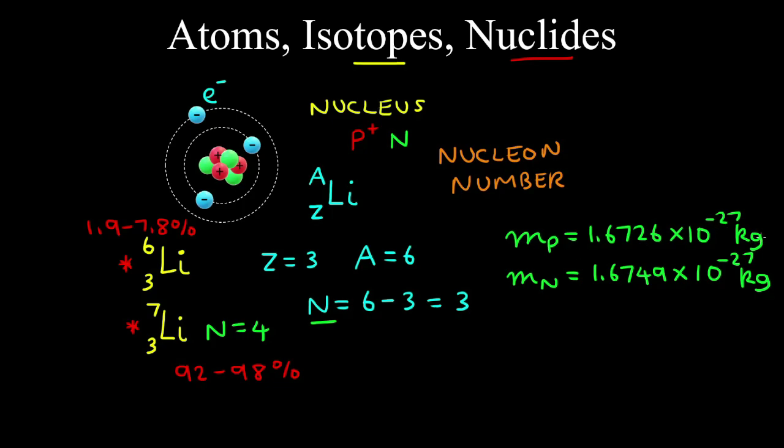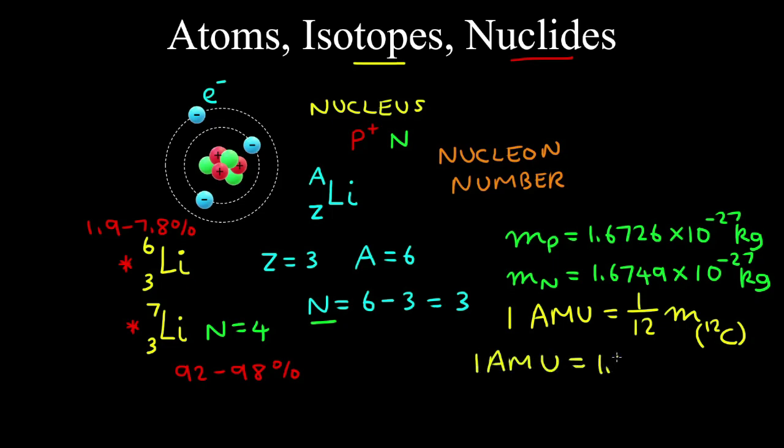So instead of kilograms, we use atomic mass units to represent the masses of nucleons. We define one atomic mass unit as 1/12 of the mass of a carbon-12 isotope, which is around 1.66 by 10 to the minus 27 kilograms.